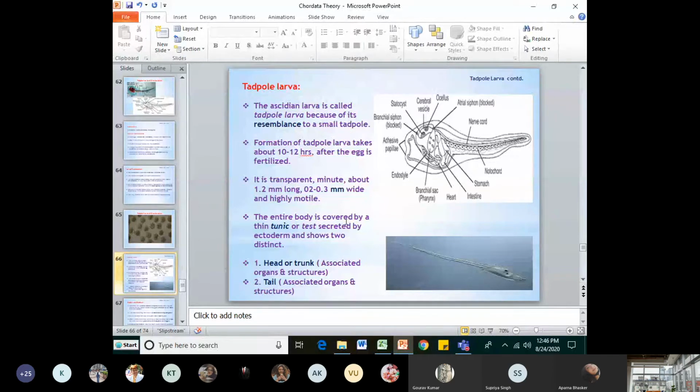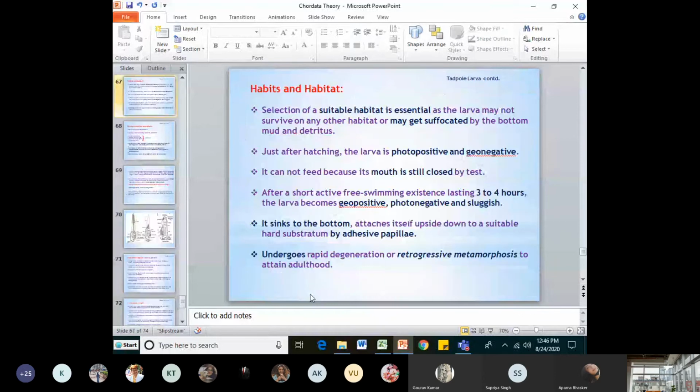The entire body is covered by a thin tunic or test secreted by ectoderm and shows two distinct parts, head or trunk. Here, remember that head and trunk are merged, so we can call it head or trunk and their associated organs and structures. And then the second part is the tail and its associated organs and structures.